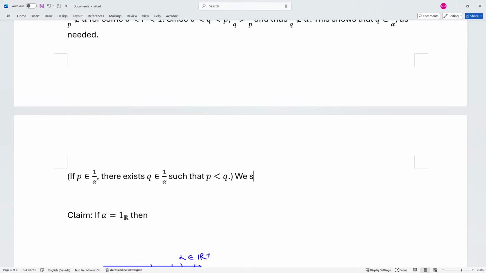There exists a positive rational P such that P is in the set 1 over alpha. It always has something positive. Let's suppose for a contradiction that it isn't.